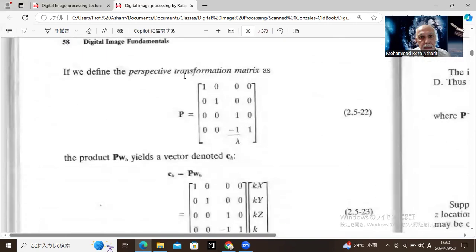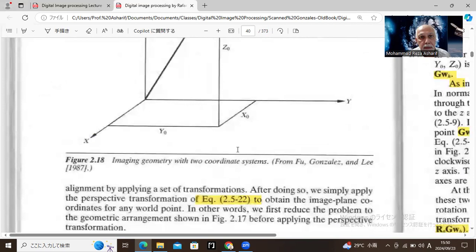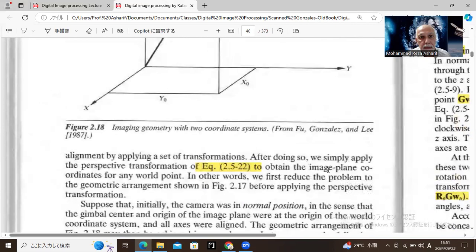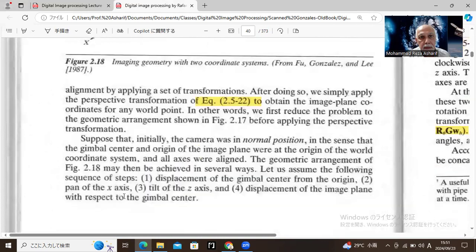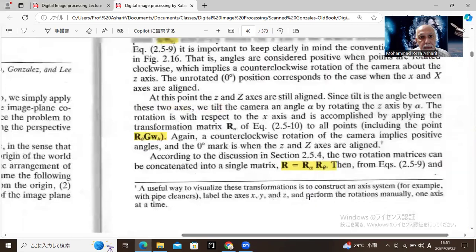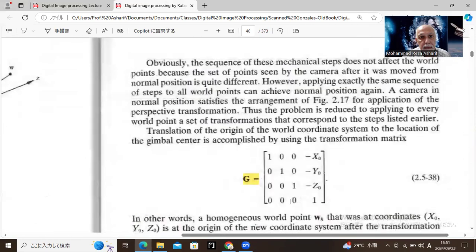This one is the perspective transformation. Lambda is the focal distance of the camera to obtain the image plane coordinate and so on. And they suppose the initial normal position is such that the gimbal center and so on. Let me show the formula here. I don't want to go into detail.